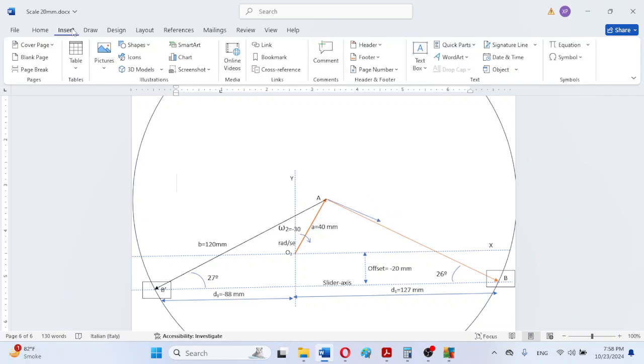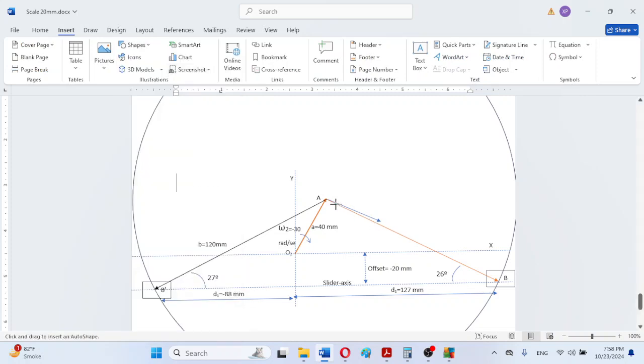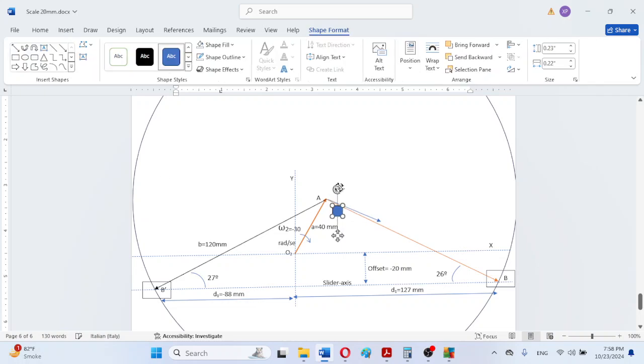Approximately this is perpendicular. We can also create a rectangle just to create the perpendicular symbol here like this.